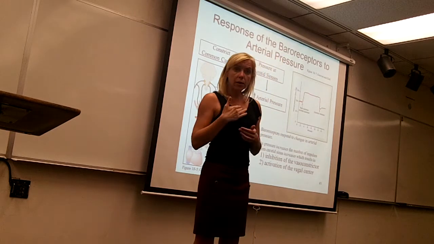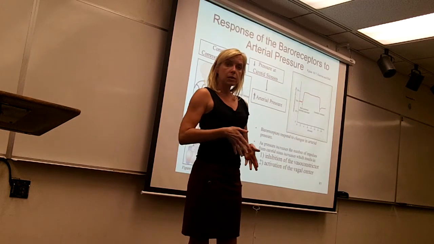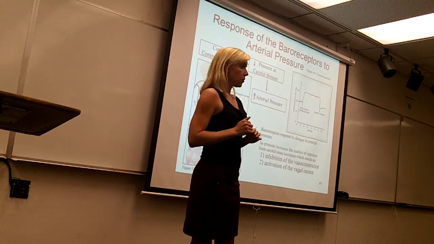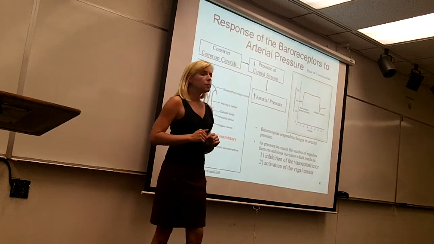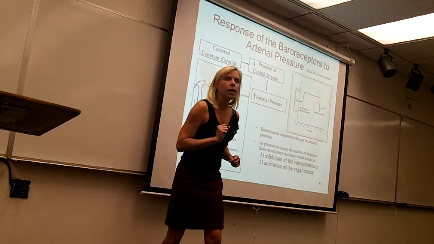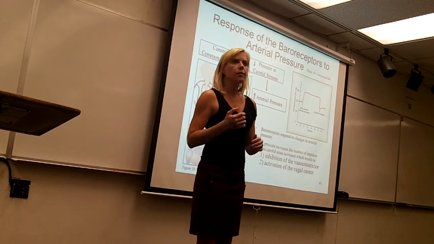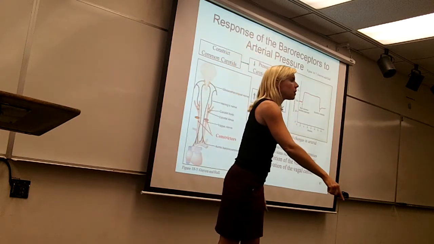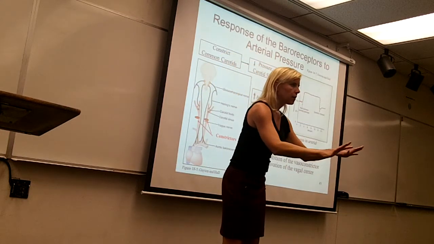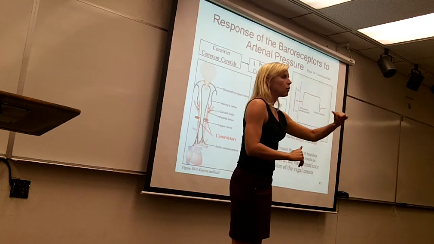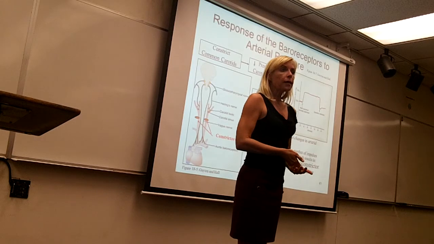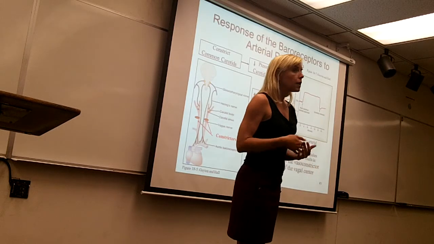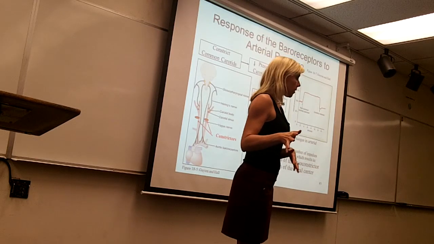So with more pressure, the baroreceptors will send more action potentials up to the brain. The medulla oblongata interprets that as, oh my gosh, our blood pressure is skyrocketing, we need to reduce it. Heart, take a break. Reduce chronotropy, reduce inotropy. So the resulting output from the brain is more parasympathetic, less sympathetic.